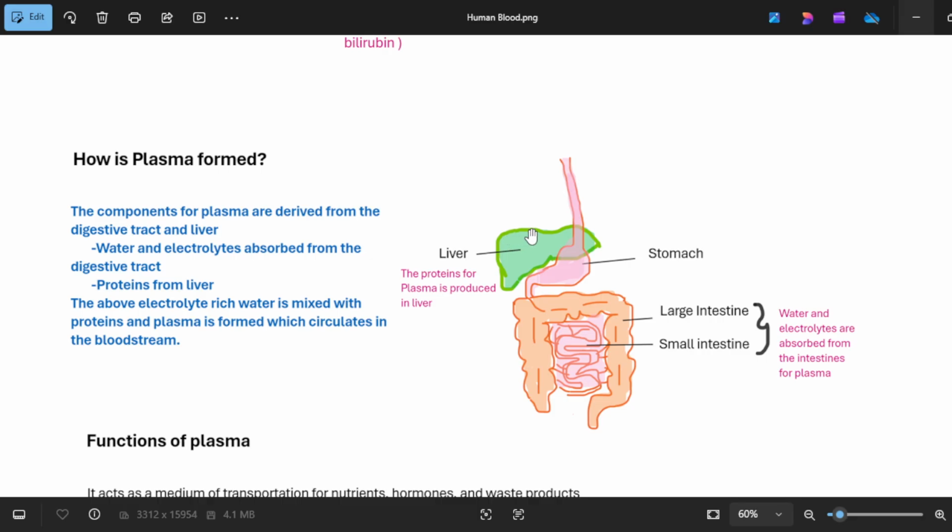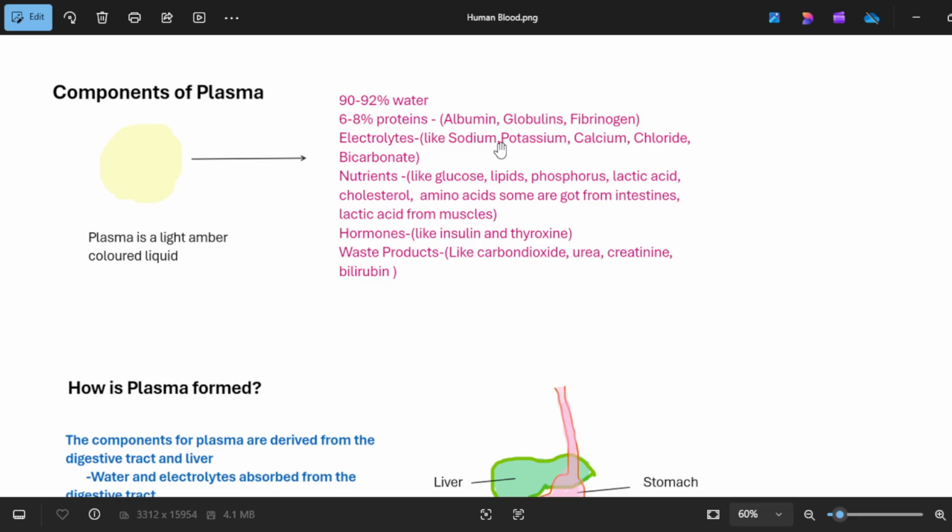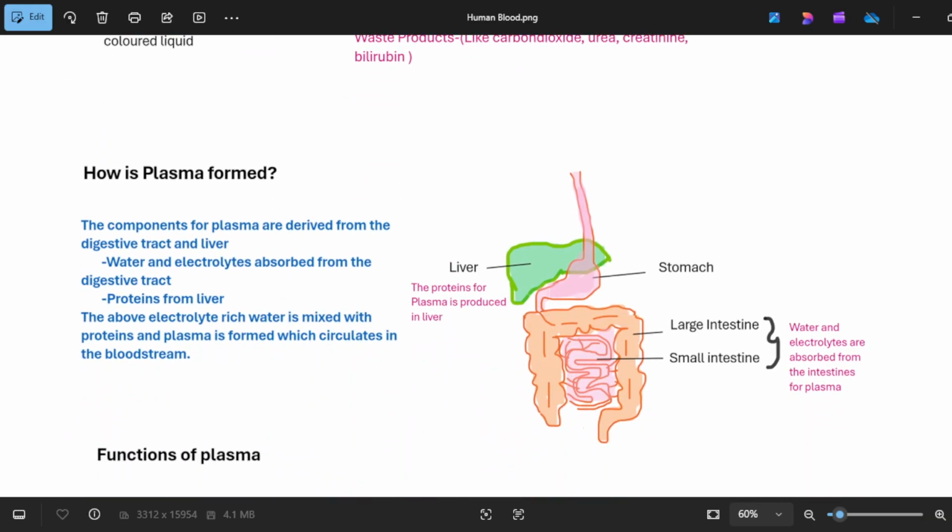So liver manufactures proteins, which we were seeing, albumin, globulins, and fibrinogen. These proteins are present in plasma. They are produced by liver, and water and electrolytes, which we were talking about, are absorbed from the small intestine and large intestine. 80% is absorbed from the small intestine and 10% from the large intestine.